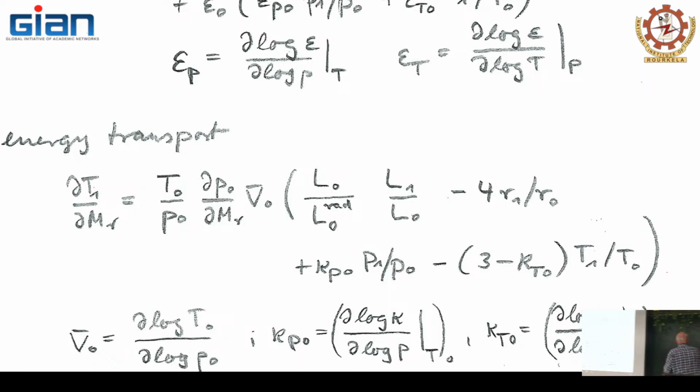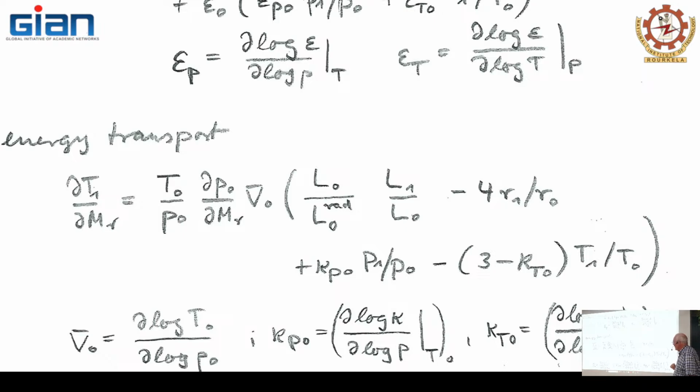Then temperature cubed gives this factor of -3 times the temperature perturbation, and this is the radius.